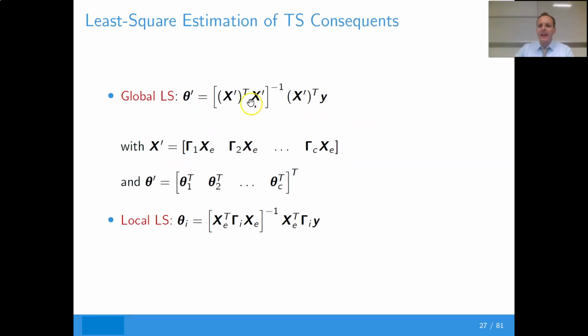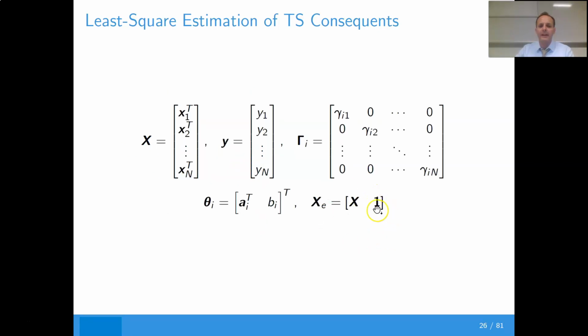So for the case of the global least square, you can see here that you have a minimization of the least square cost function, which is represented by this matrix, which is a collection of all the xe.